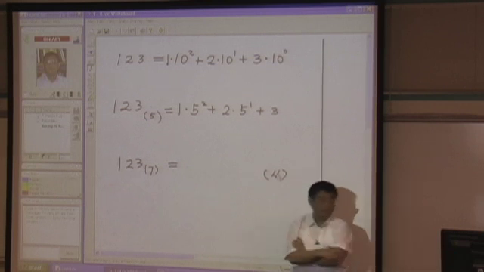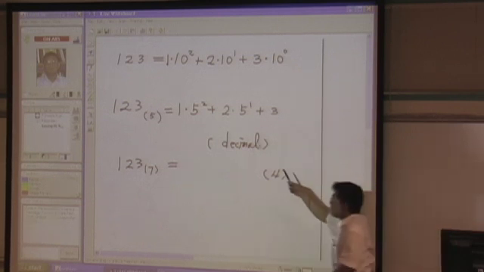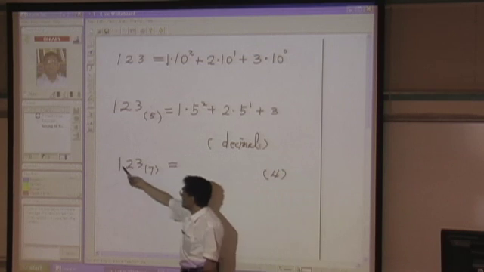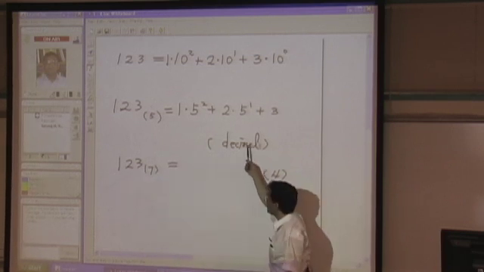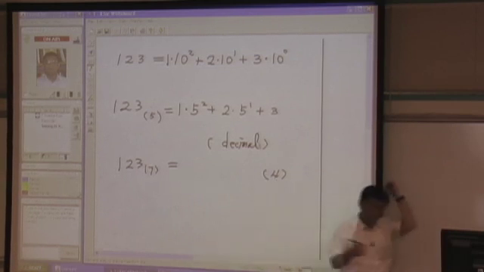We first represent this number using our decimal system. So decimal is the middleman, but it's not the major goal. We initially represent these things in decimal, and then after the decimal representation, we convert this back to base 4.